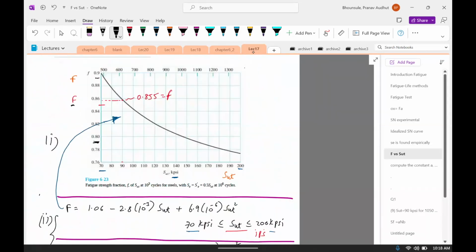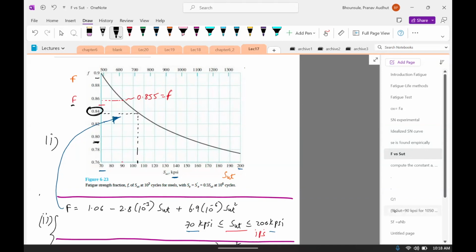So we go back to this chart, see 105 kpsi. It looks like it's here. It looks like it's very close to 0.84, but it can't be 0.83 because 0.83 should be somewhere here. So let's just stick with 0.84 because it's easier to use, otherwise trying to figure out the exact value could be difficult.